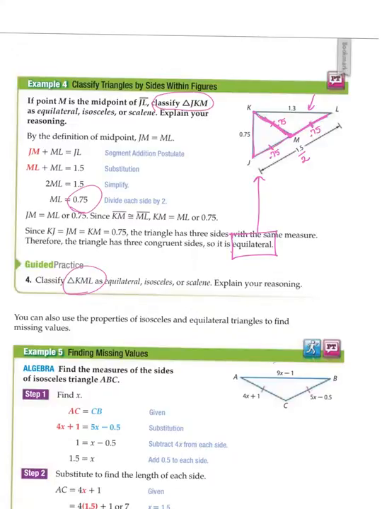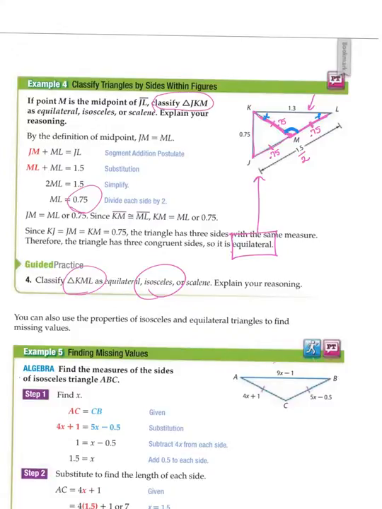The other side is 1.3. So in KLM, we have an isosceles triangle. The vertex angle is right there at KML. The base angles are these that I'm marking now and putting the hash through. And those base angles are going to be congruent to each other.